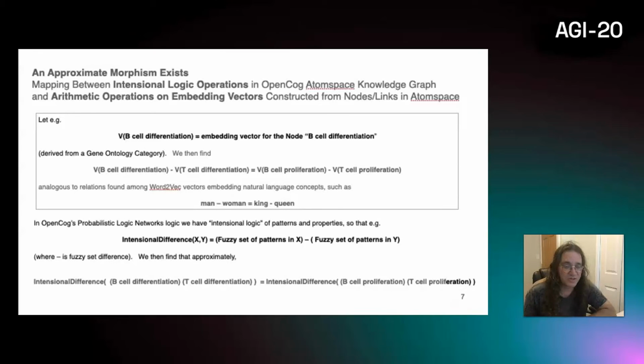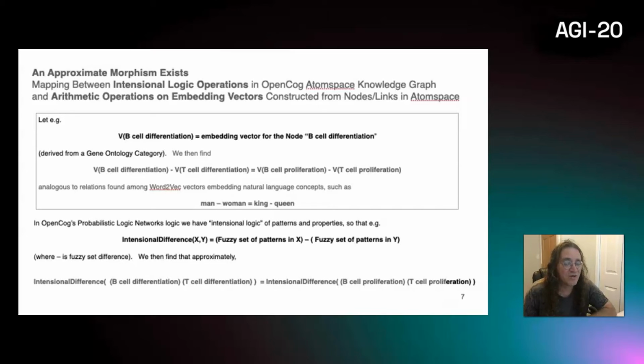that's one correspondence. Now I want to talk about a subtler correspondence of aligning differences in the logical space with differences in the vectorial space. So if you look at the notation on this slide, if you have a gene ontology category node called, like, B cell differentiation, just the process of a B cell, which is a kind of immune cell, differentiating, call V of B cell differentiation the embedding vector DeepWalk produces from that gene ontology node in the atom space.